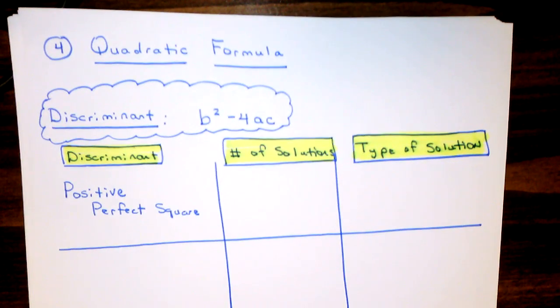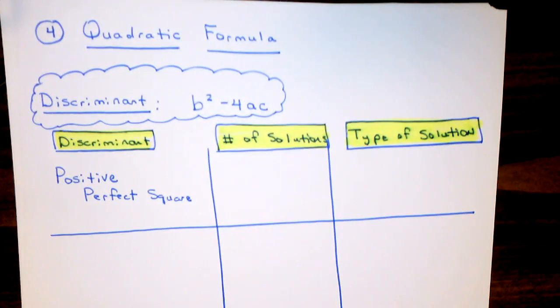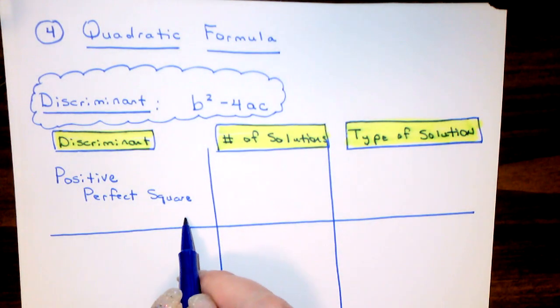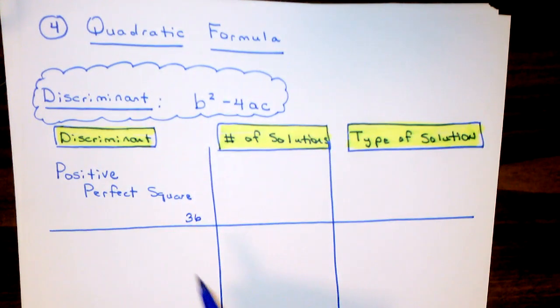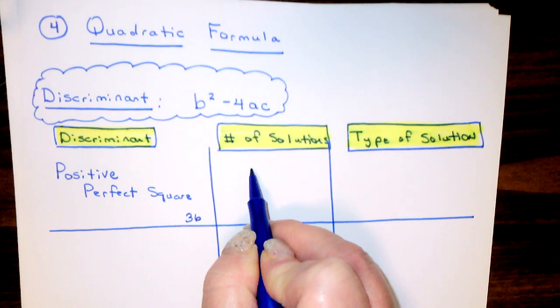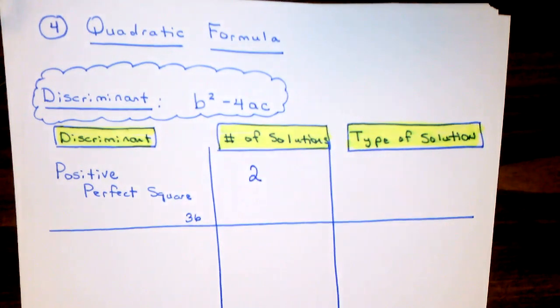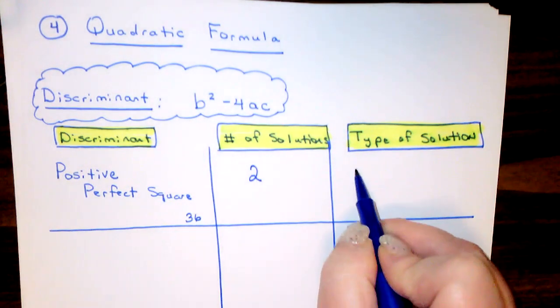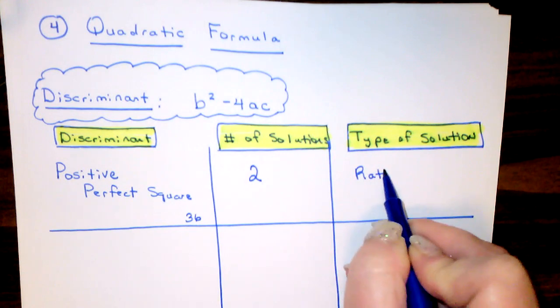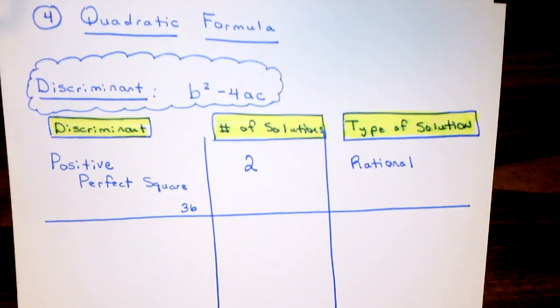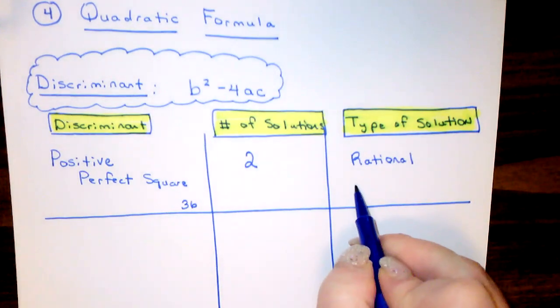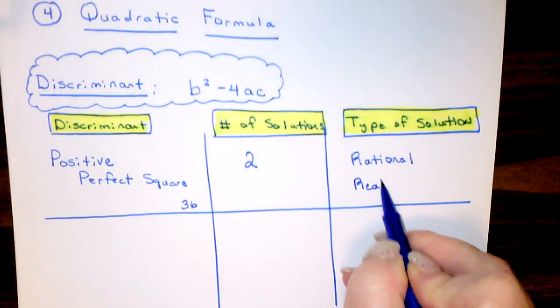Now, when you do this formula, if you get a positive perfect square, let's say that we get 36 for the discriminant, that means that you're going to have 2 solutions and they're going to be rational. And they will be real.